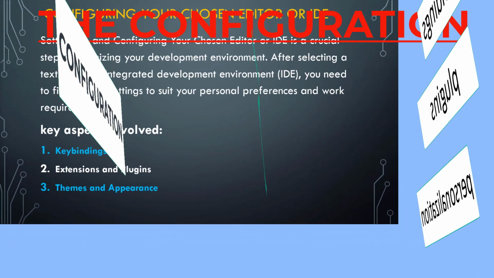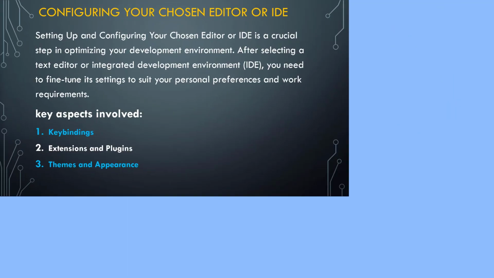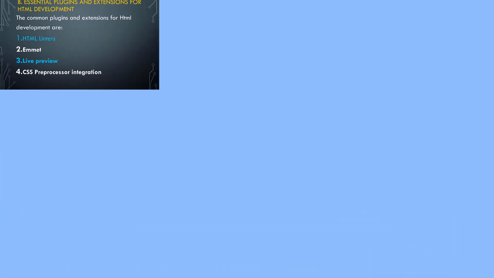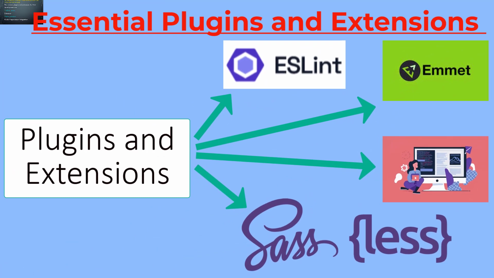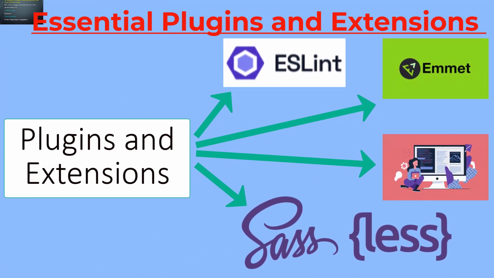Configuring your chosen editor or IDE. Setting up and configuring your chosen editor or IDE involves optimizing the tool's key bindings, expanding its capabilities with extensions and plugins, and personalizing its appearance to create a workspace that caters to your coding preferences and maximizes your productivity. Essential plugins and extensions for HTML development include HTML linters, Emmet, Live Preview, and CSS preprocessor integration.